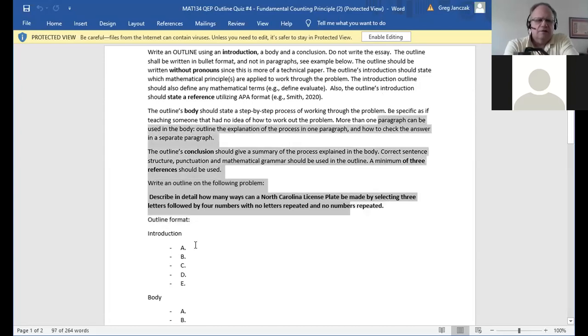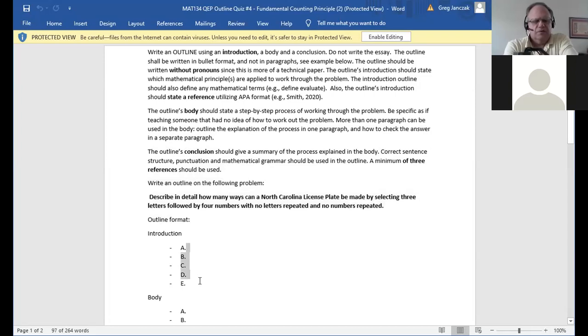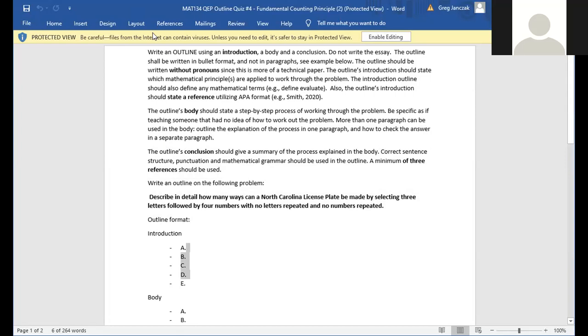In the introduction, you can have more than just 1, 2, 3 things. I put A, B, and C just to show the kind of format, but you can have 3, 4, 5 different items on the outline. You're not restricted to just 3. A lot of people just put 3 things and then they were done. And you don't have to do that. There's a lot more that can go into that than just 3 items.